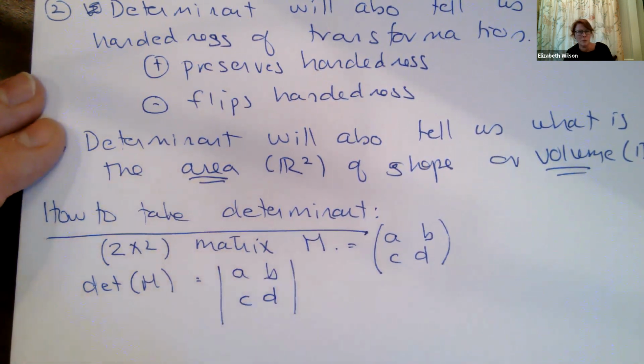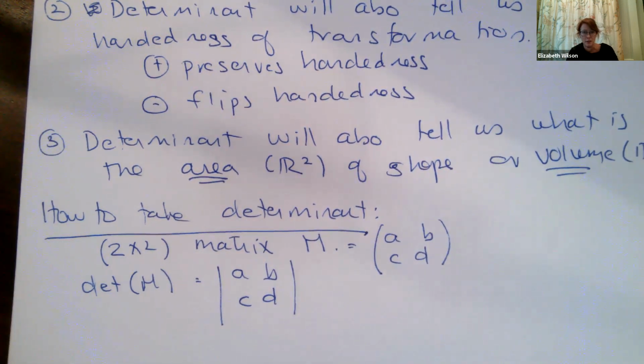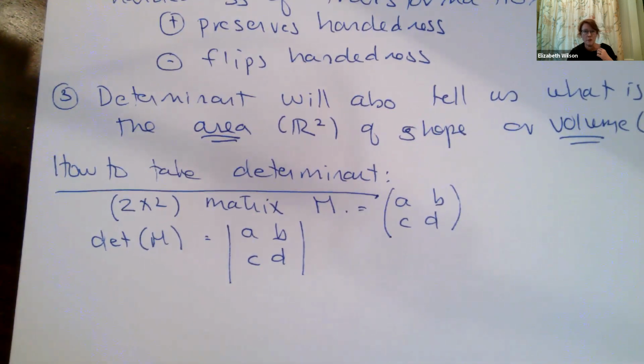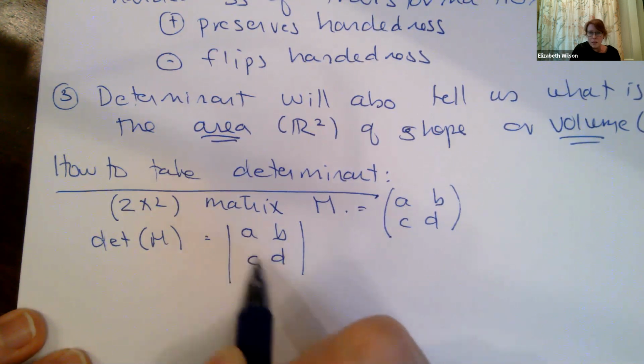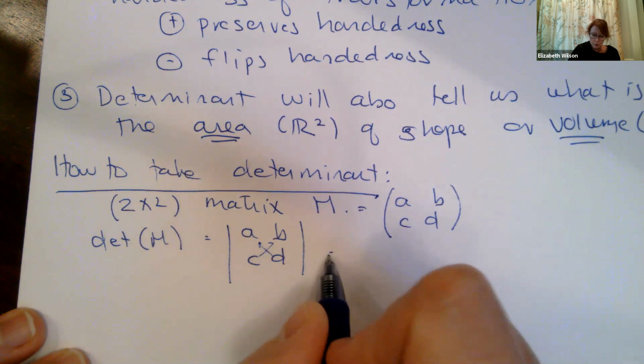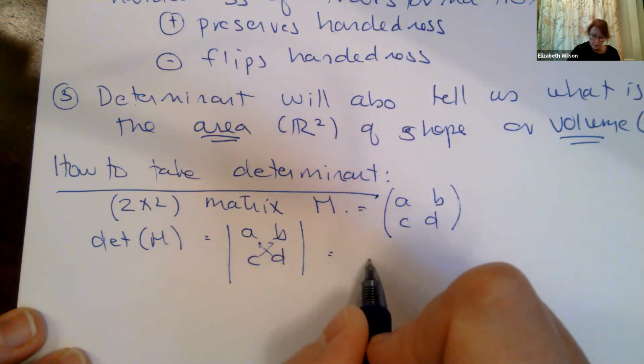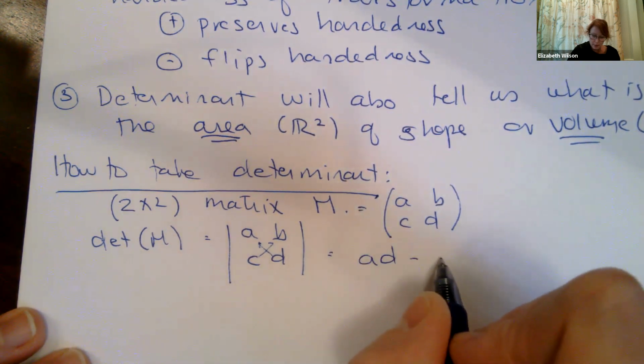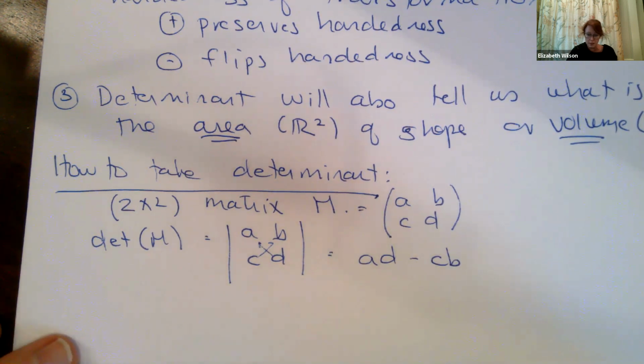Remember, we used this symbol when we were calculating the cross product, because in doing the cross product we were actually taking the determinant, okay? So I'm going to do the same thing as for my cross product. I'm going to multiply on the crisscross, and then multiply on the diagonal. So that's going to be A times D minus C times B, and that's going to give me my determinant.